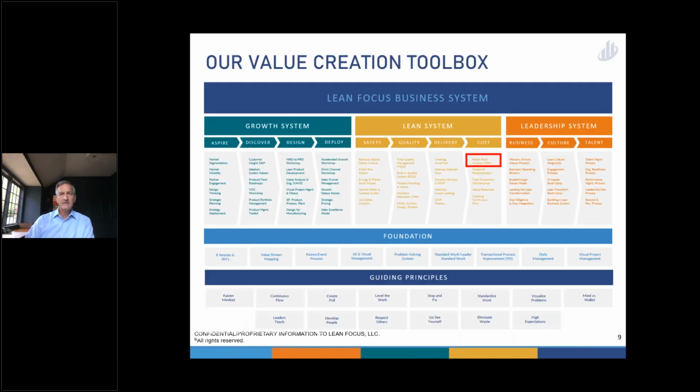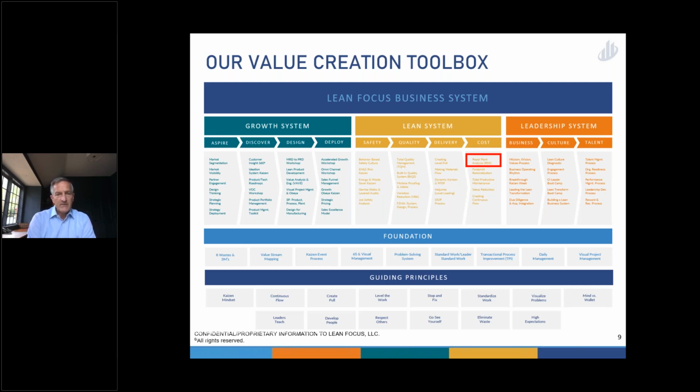So the Lean business system toolbox consists of a broad range of tools. If you start at the bottom, there are these guiding principles that I mentioned earlier. They're the basic Lean thinking that goes all the way through all of our tools and processes, from Kaizen mindset, creating pull, respecting others, all of those very important guiding principles.